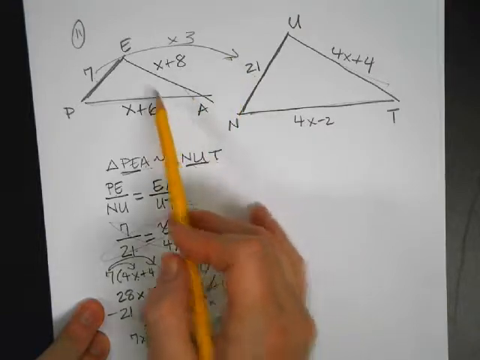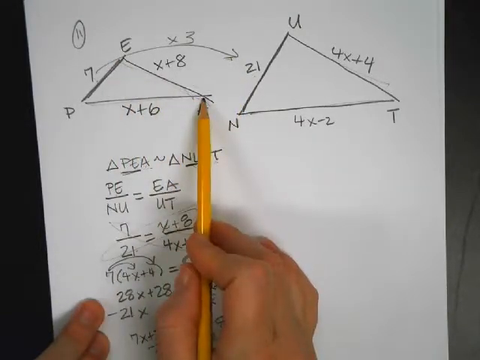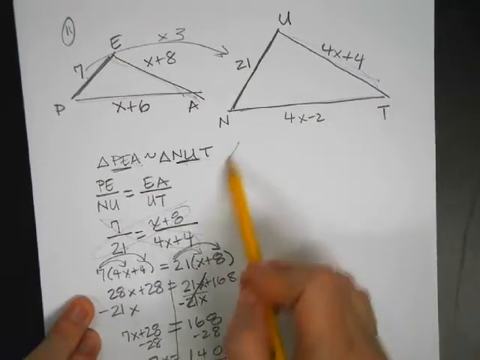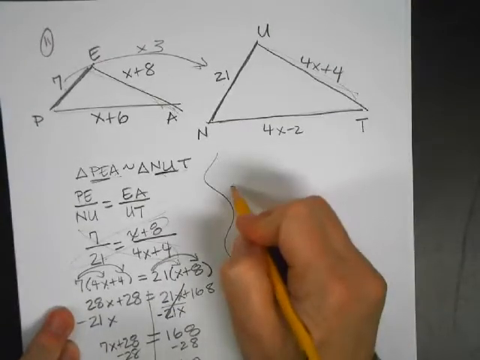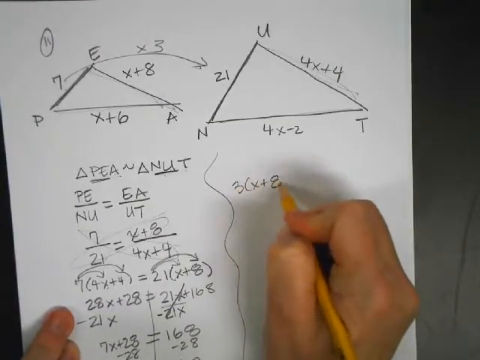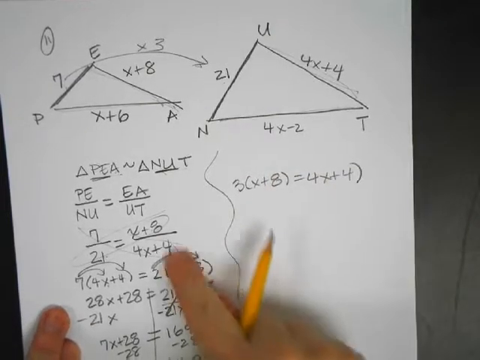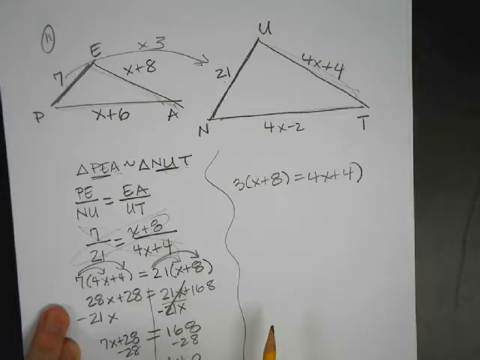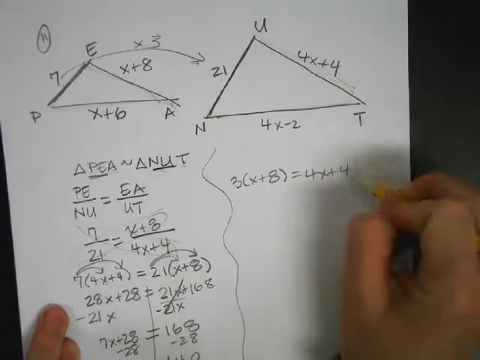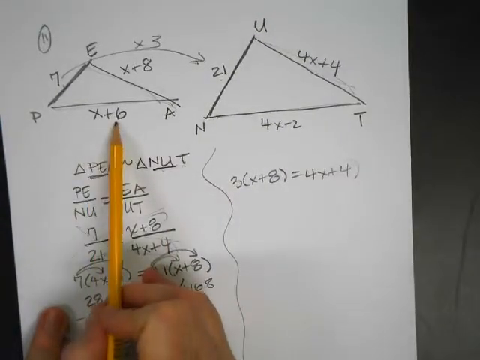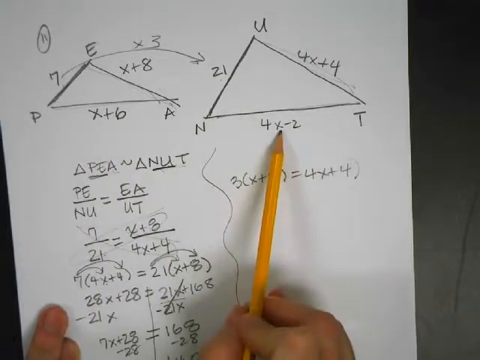Now, if you recognize that the scale factor is 3, then you could just say to yourself, well, I know that this being multiplied by 3 is going to give me this. So you could just say 3 times x plus 8 equals 4x plus 4. And you could skip some of these steps here. Or you could do 3 times x plus 6 equals 4x minus 2. Either way.